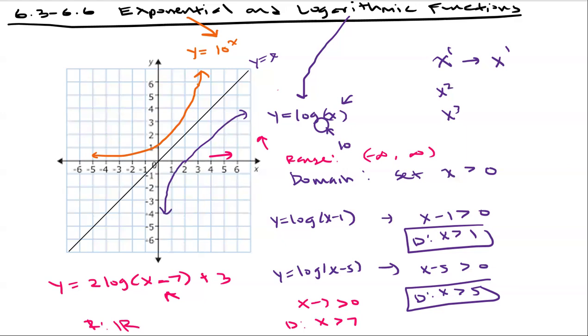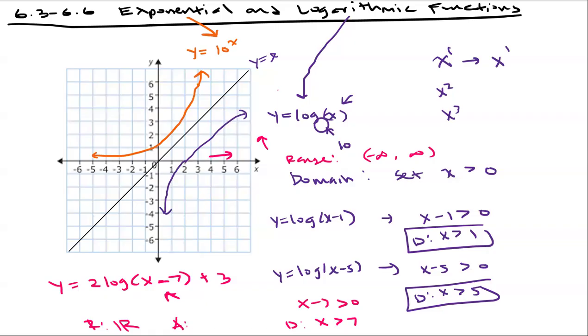Now, what about if it asks for the asymptote? Let's go back to our parent function. Remember I said that this graph, as it goes in the negative direction, doesn't pass the y-axis, or in this case, x equals 0.